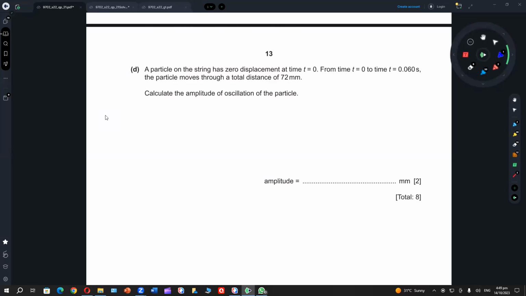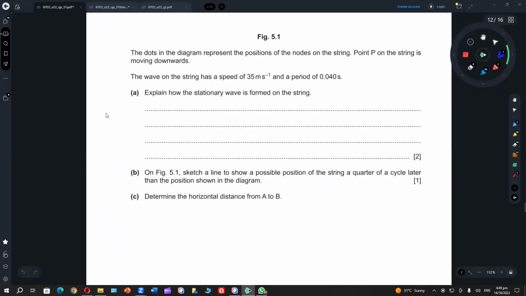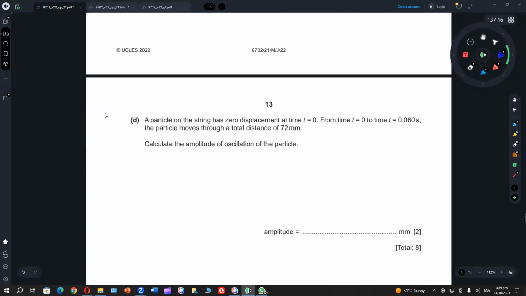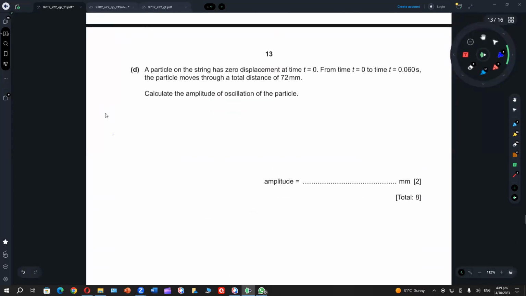Now, from 0 till 0.06, what is the time period? Look, the time period is 0.04. If I make a diagram in my working, the particle goes up, the particle comes down.